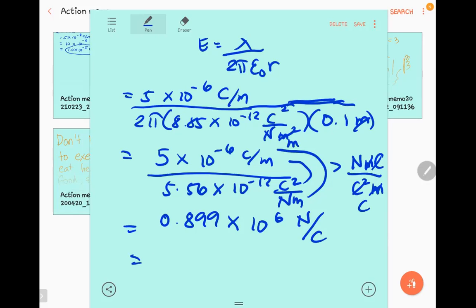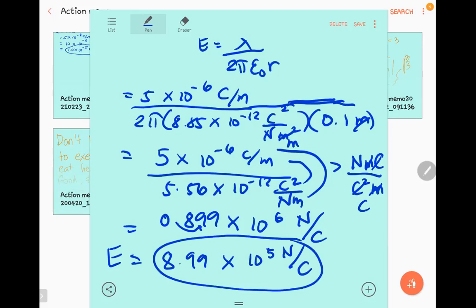And we have the final answer, but this one is not yet in scientific notation. So we move the decimal, making the exponent lower by 1. So we have 8.99 by 10 raised to 5 N over C. This is now for the electric field. Okay?